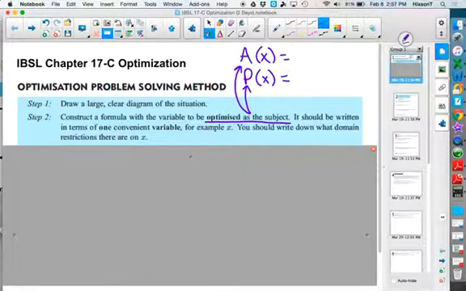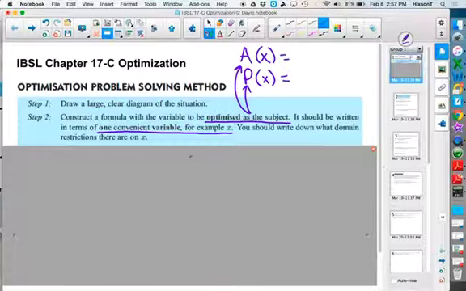The second part of this is that we need to make sure that it's in terms of one variable. A number of the problems you're going to be dealing with are problems where there may be more than one variable initially.